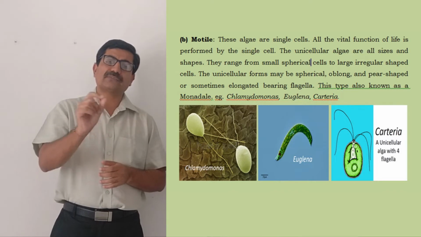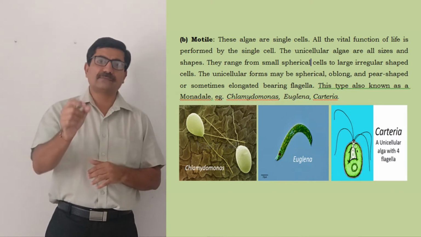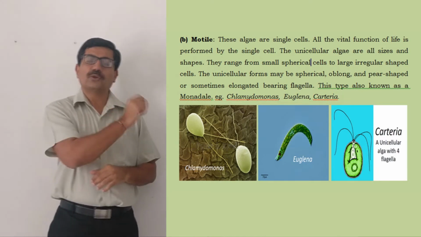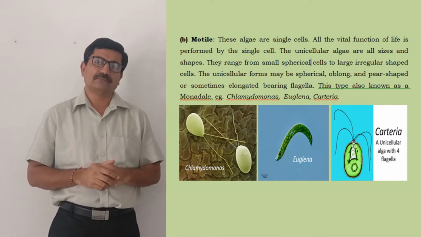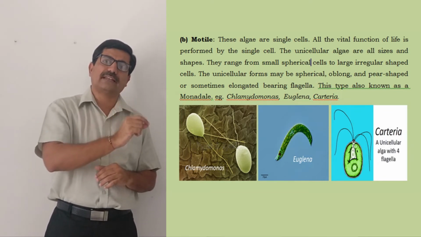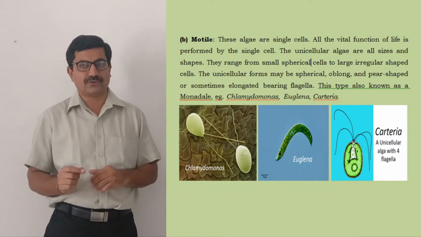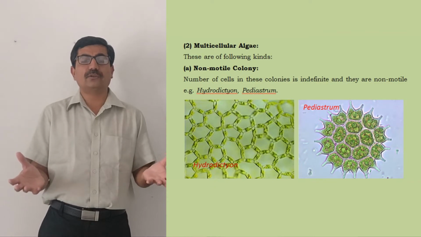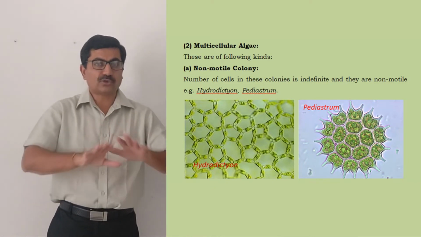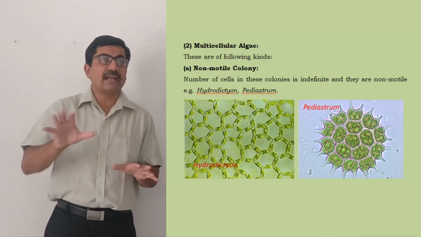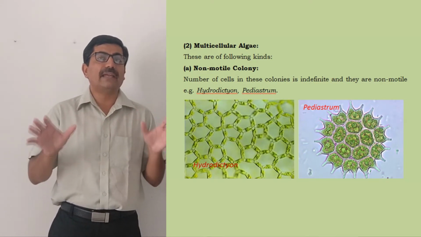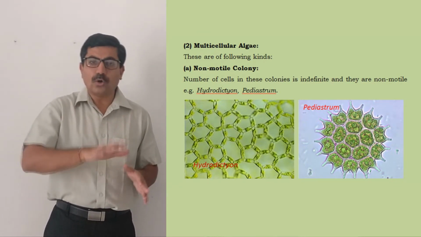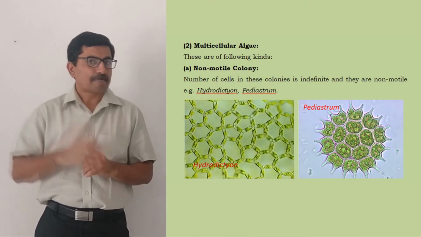Euglena is also, some scientists place it in the animal kingdom, and some scientists believe it is algae because of the photosynthesis process. So this unicellular organism or alga develops specific characteristics, flagella, for its locomotion. Then next, multicellular, and in multicellular, non-motile. That means there are many cells, but each cell does not develop any flagellar structure for locomotion. All cells move just with the water current.